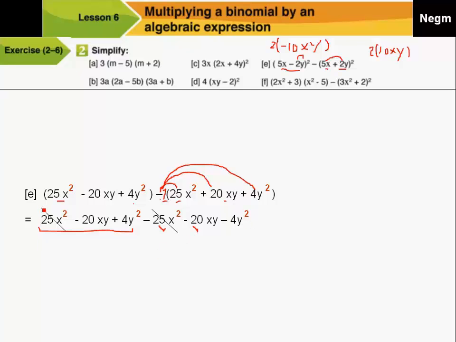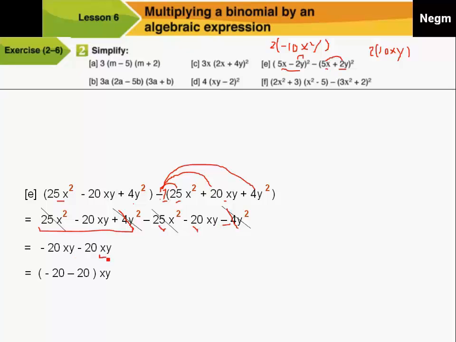You will notice that 25x squared plus with this 25x squared minus, so both can be eliminated together. Also, we have here plus 4y squared and here minus 4y squared. Both can be eliminated together. The remainder will be minus 20xy minus 20xy.